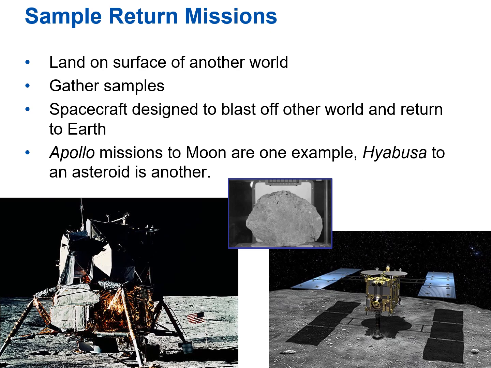The downside is it takes much tighter engineering. It's a lot more expensive because you need the fuel to break free first of Earth's gravity, to go into an orbit, to land on the world, and then you need to launch back from the world, breaking free of its gravity, and then landing safely on Earth. So it's a tremendous amount of fuel.